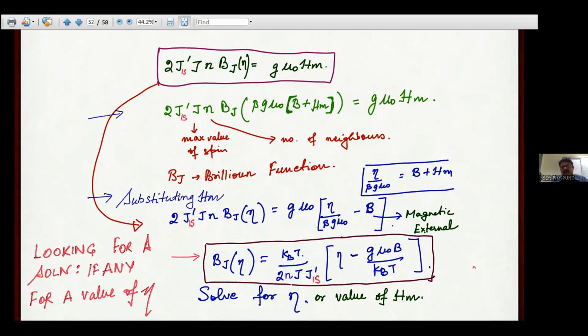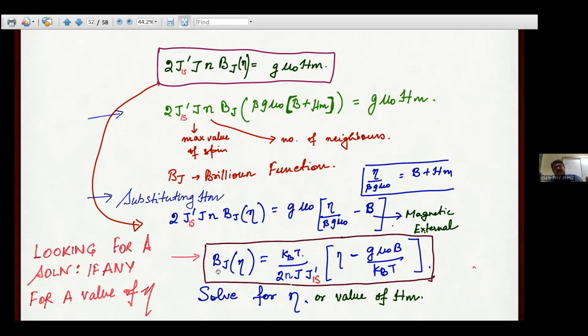You have demanded it as an approximation. But does this relation hold? Are there conditions where you can self-consistently calculate a unique value of eta? So we are actually looking for a solution, if any, for a particular value of eta. So our aim is to solve for that eta.